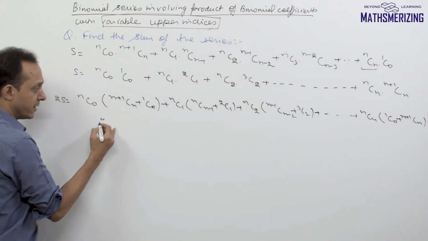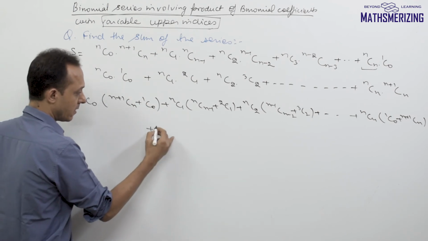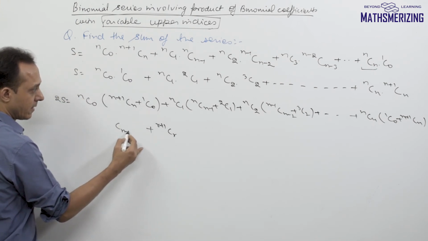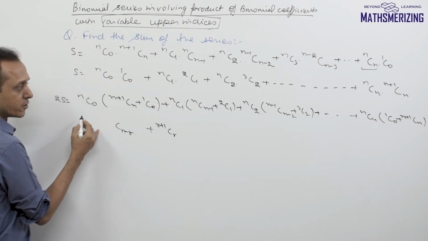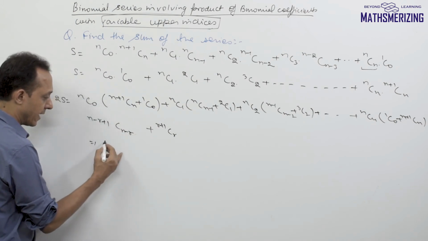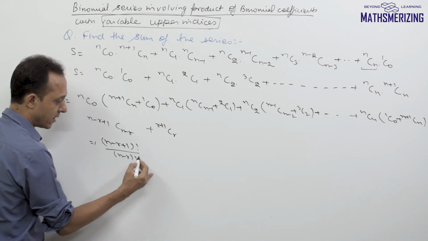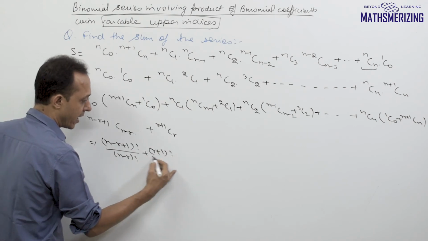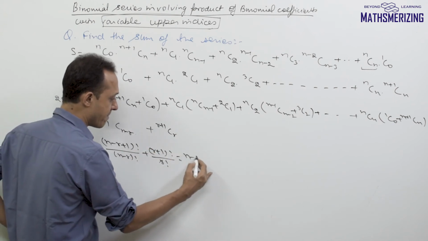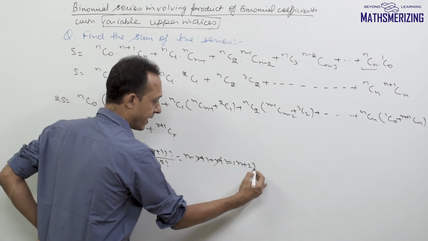Now if I look at this pattern, if I write this one as r plus 1 Cr, here will be n minus r, and here it should be n minus r plus 1. So if I simplify this pattern, I'll get (n minus r plus 1) factorial upon (n minus r) factorial, and here will be (r plus 1) factorial upon r factorial. So I'll cancel factorial n minus r, so I'll get n minus r plus 1 and then r plus 1.